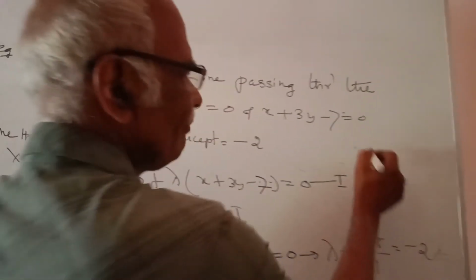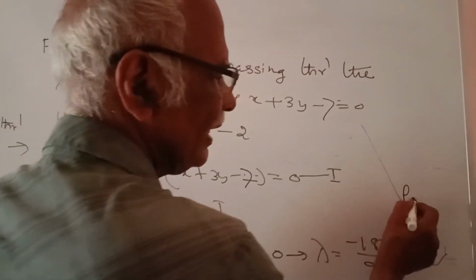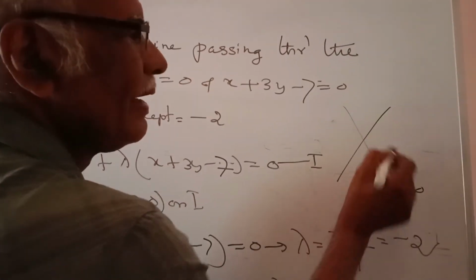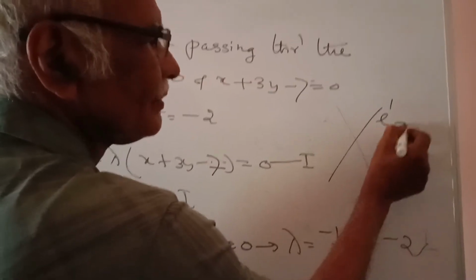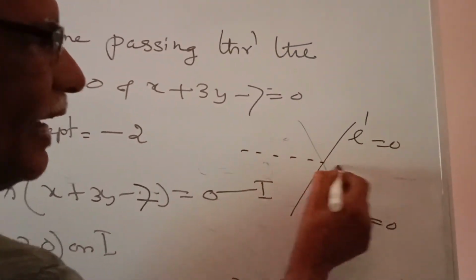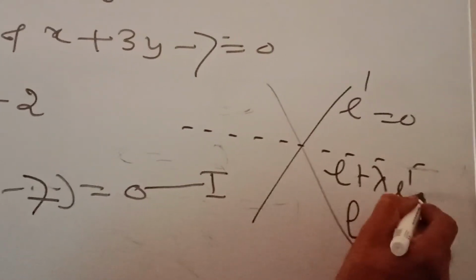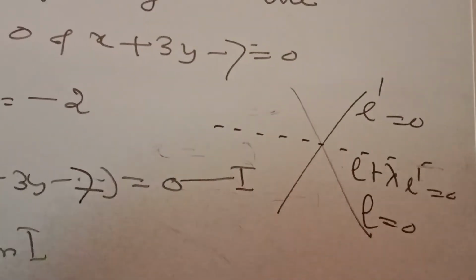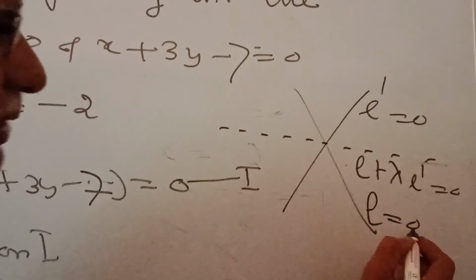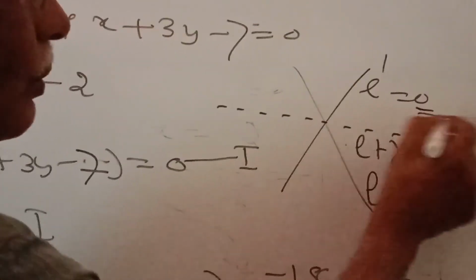Now if there is one line L equal to 0, another L dash equal to 0, any line passing through their intersection is L plus lambda L dash equal to 0. But remember, equal to 0 is important.